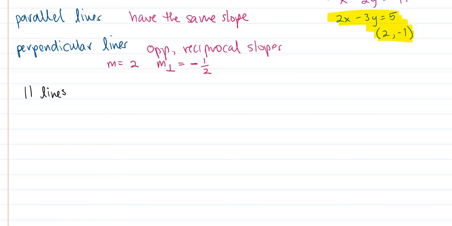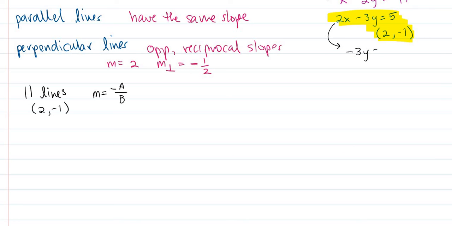In order to write the equation of any line anywhere, you need a point and a slope. Do I have a point? Yes, I do. The point is (2, -1). Do I have a slope? Well, this is written in standard form. If you want to find the slope in standard form, it's equal to -a over b. The reason why is if we took this and changed it, we would subtract the 2x.